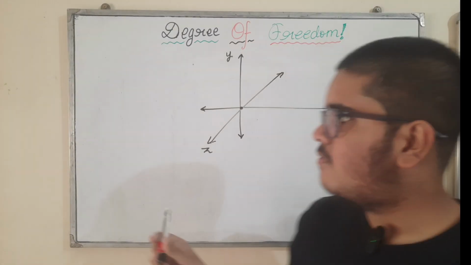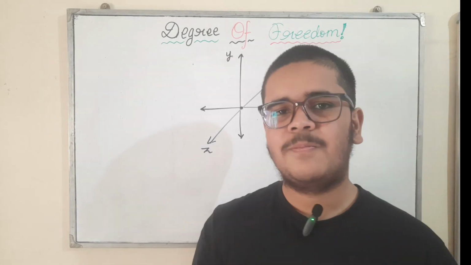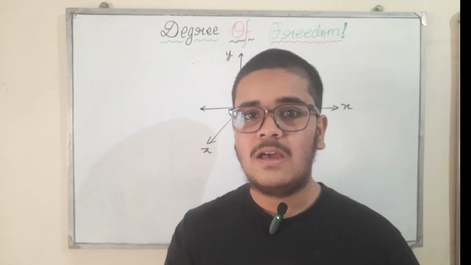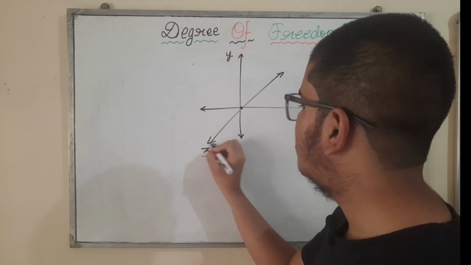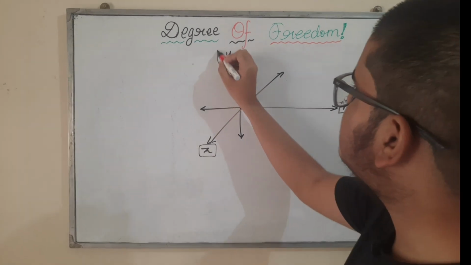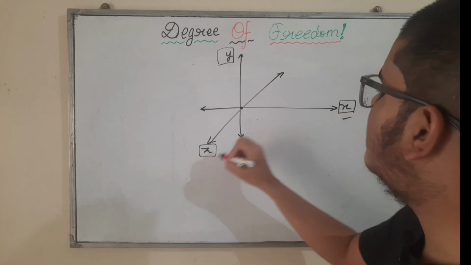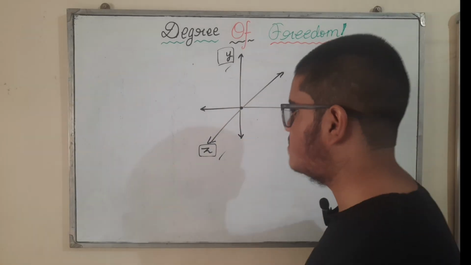But according to what has been taught to us over these years, and obeying what has been done for past years, we take X, Y, and Z as our three axes in space.